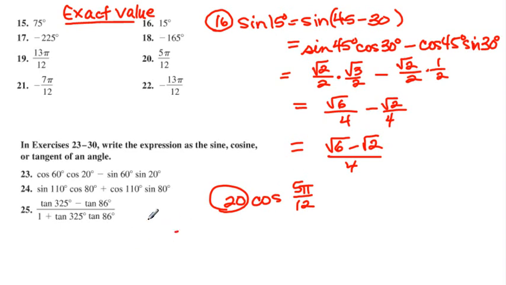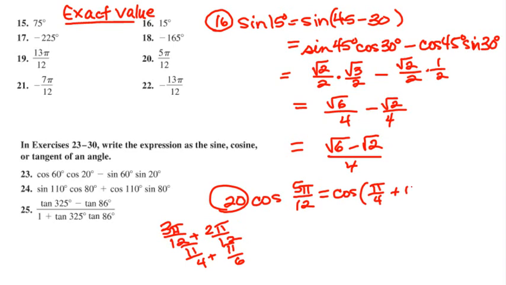I could do that as 3 pi over 12 plus 2 pi over 12 adds to 5 pi over 12. Well, 3 pi over 12 is really pi over 4, and 2 pi over 12 is pi over 6. So I can rewrite cosine of 5 pi over 12 as really cosine of pi over 4 plus pi over 6.